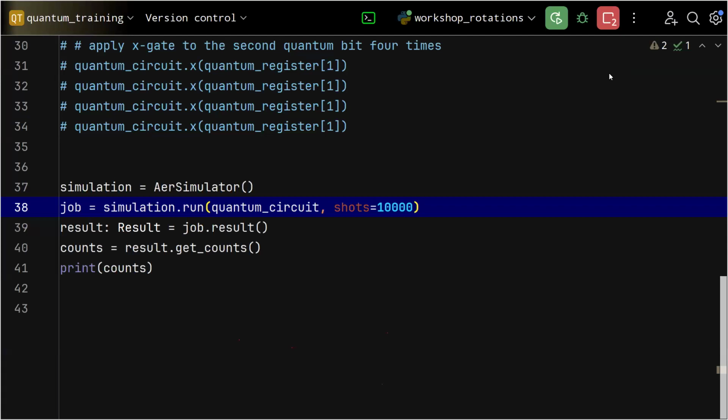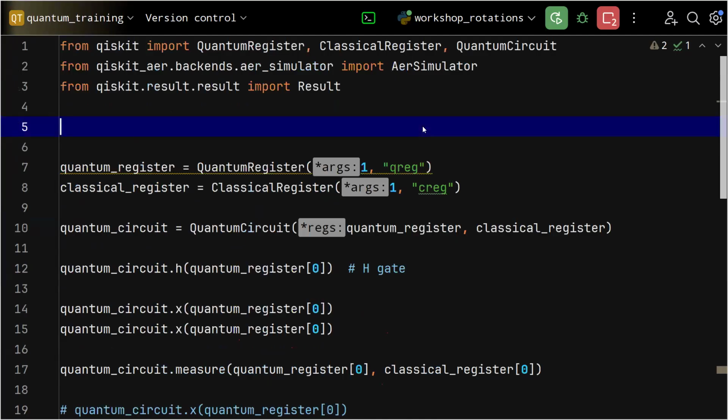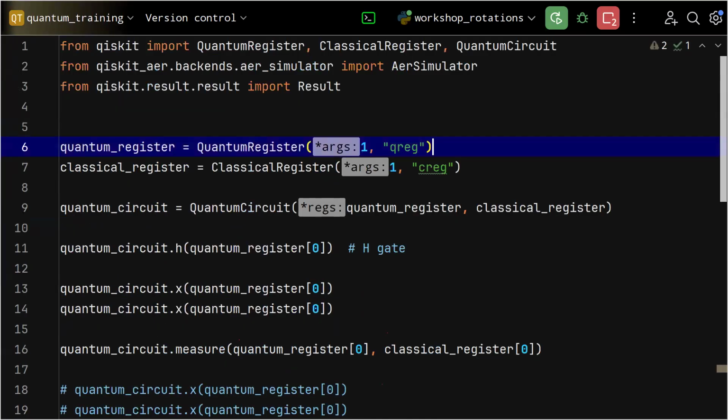Yes, because there was a question about how to initialize the Aer simulator in Qiskit, and I didn't answer this question. I'm sorry, so I will answer it now.